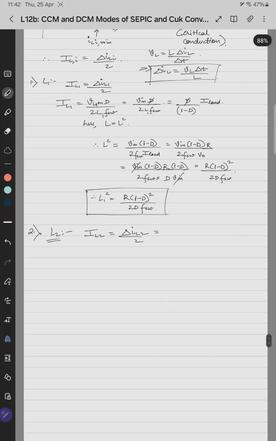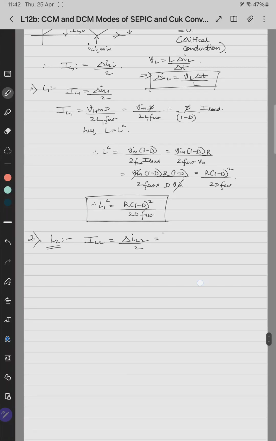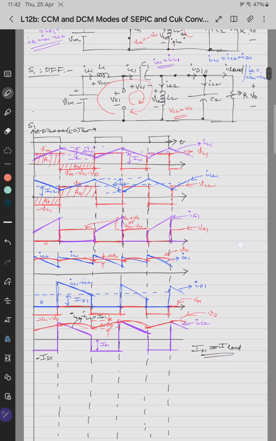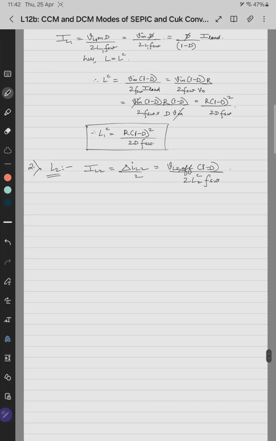We'll write delta IL2 as VL2 off into T off, which is 1 minus T by F switching, divided by 2 into L2 into F switching, where L2 is L2C. And VL2 off is V naught. So it is V naught into 1 minus T by 2 L2C into F switching.